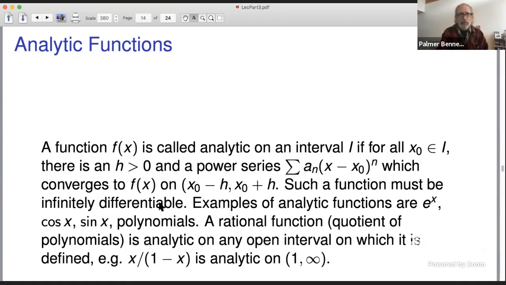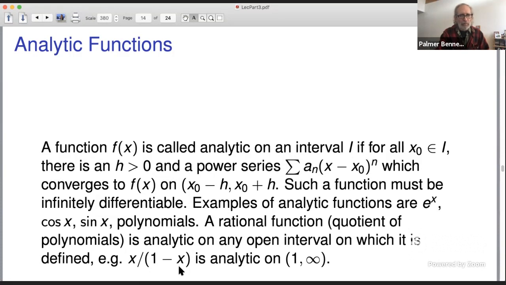Examples of analytic functions are the exponential, the cosine function, the sine function, and polynomials. You could take rational functions, which are quotients of polynomials, and those are analytic as long as the denominator is not equal to 0.